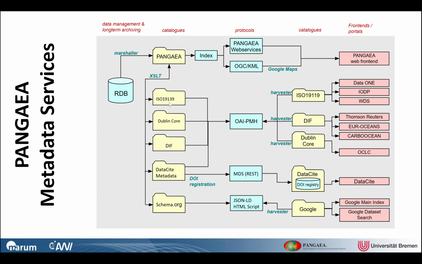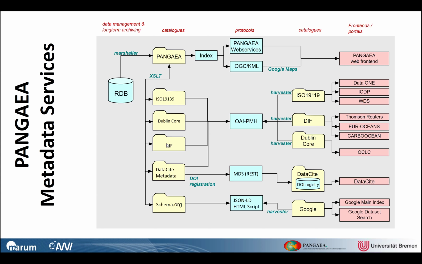which are standardized worldwide. For example, one from the geosciences is ISO 19139, which goes back to 2005, which is used in general for many, many data portals, like, for example, EMODnet or anything like that. The other one is Dublin Core, which is just a basic citation metadata. DIF is an old metadata format.